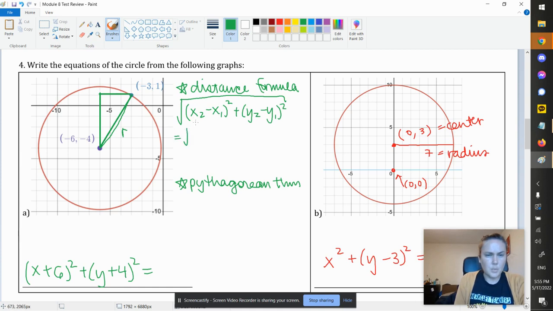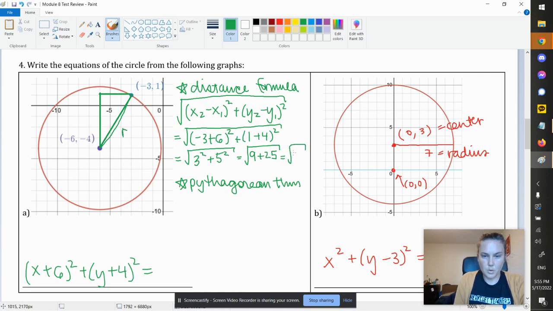So mine would be negative 3 minus a negative 6, so that ends up being plus 6. And then 1 minus a negative 4, which ends up being plus 4. Negative 3 plus 6 is 3. 1 plus 4 is 5. So it's the square root of 9 plus 25, which is the square root of 31.